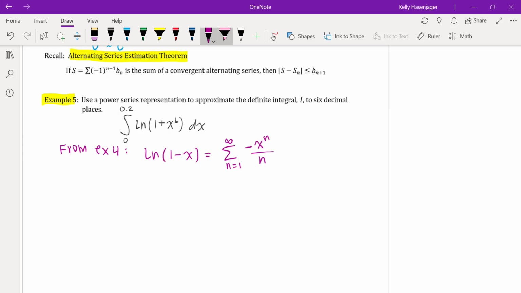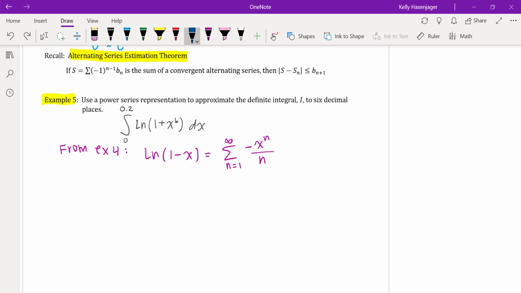So we're going to utilize that. We don't have just 1 minus x, we actually have 1 plus x to the 6th power. So we want to fit that form so we can use some substitution and piggyback off of the work we've already done.